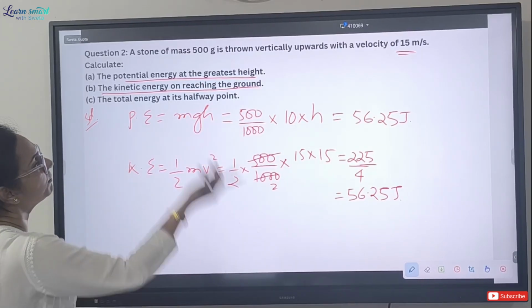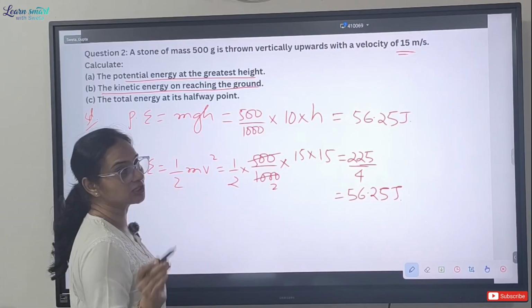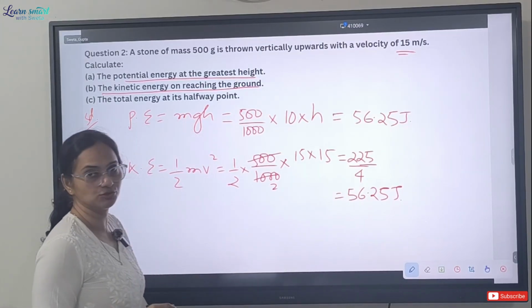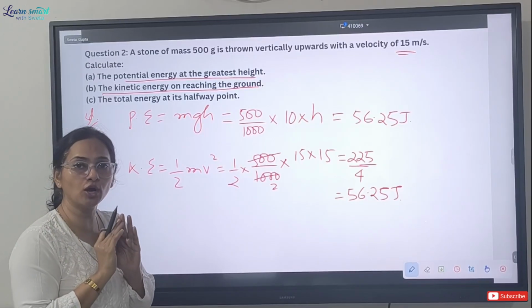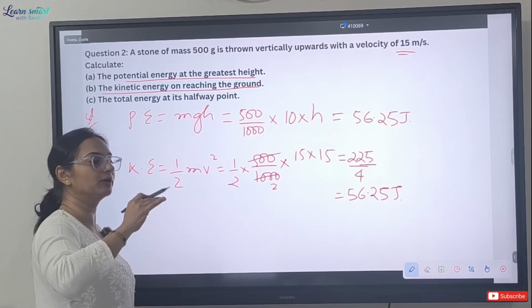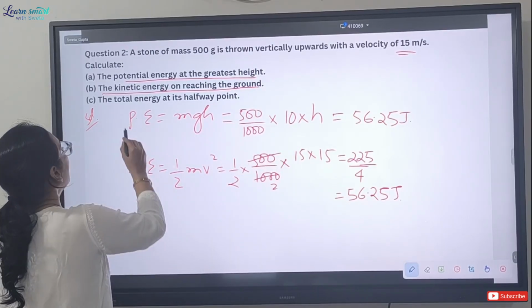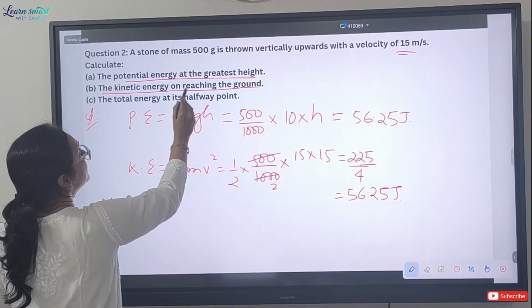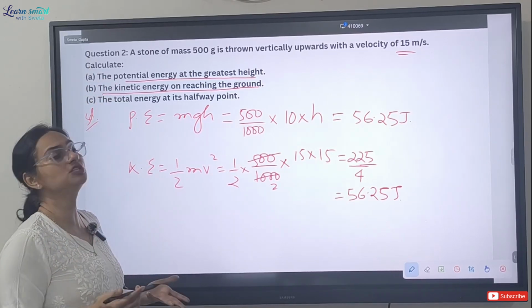So we are throwing the ball upward and we calculated the kinetic energy of the ball is 56.25 joules. When it reaches the maximum height, the energy will not get wasted anywhere. So that same energy will convert to potential energy. So potential energy will be 56.25 joules. And now the kinetic energy on reaching the ground, when it reaches the ground, again energy will be same.